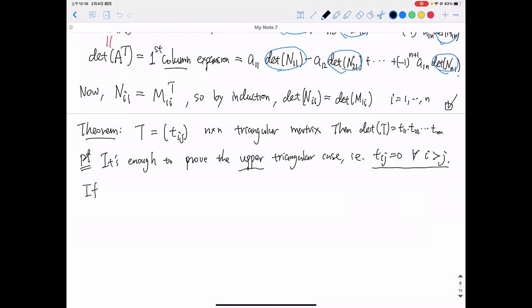Let's see why it's enough to prove the upper triangular case.